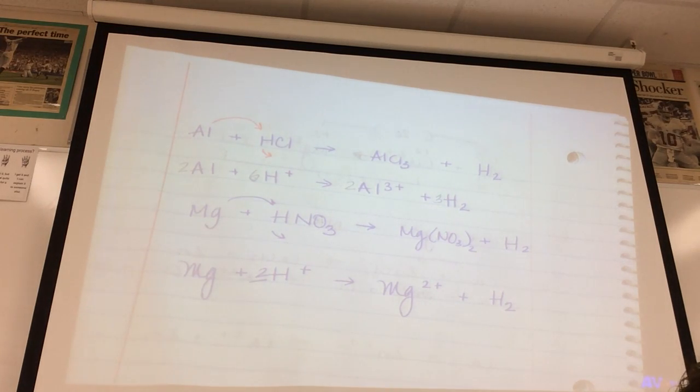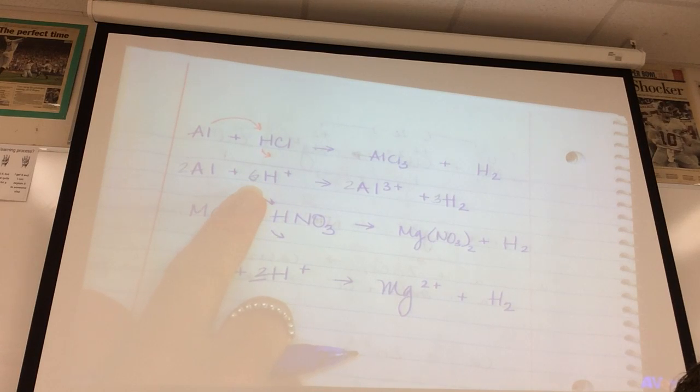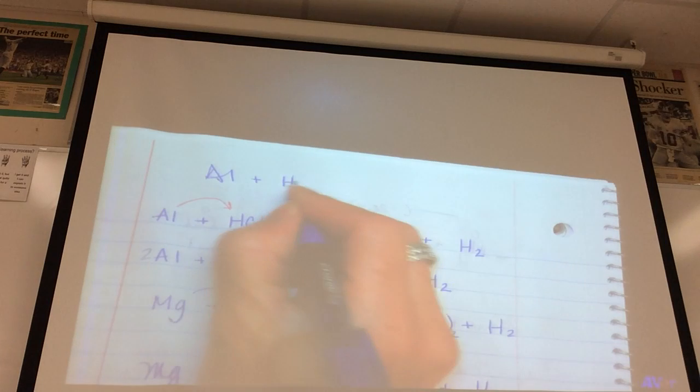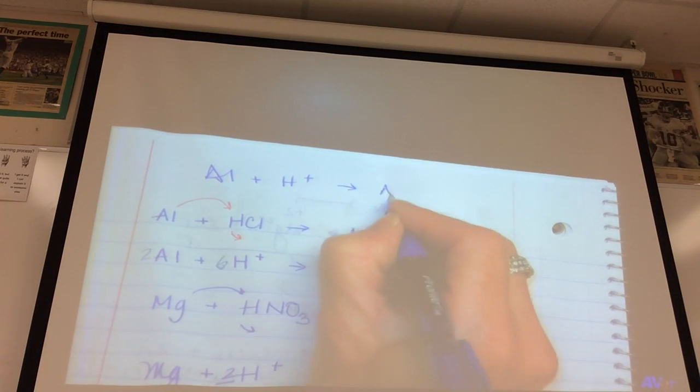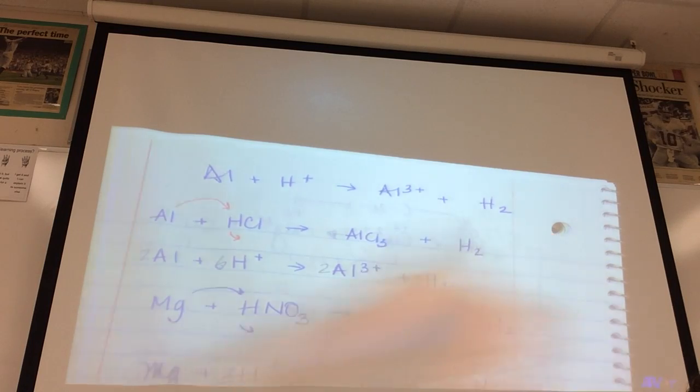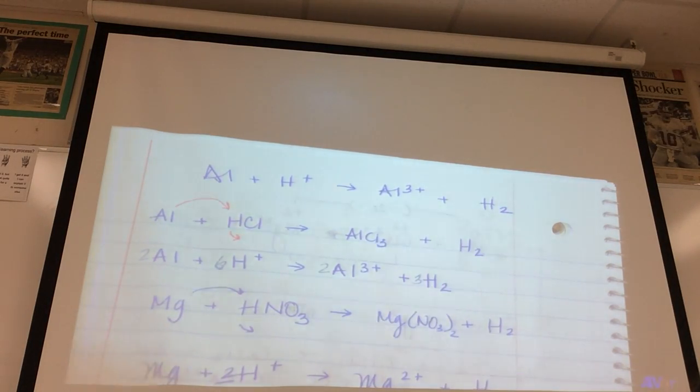Okay, it's back. Why did you have to put a 3 when you were balancing? Why can't you just put a 2 in front of hydrogen on the left side? So we had this, and you initially wanted to do this, right?